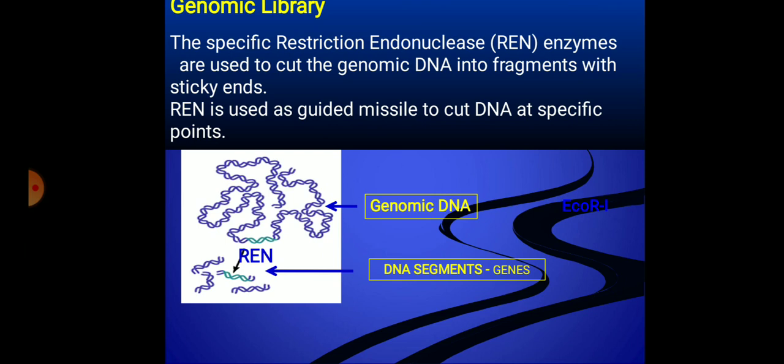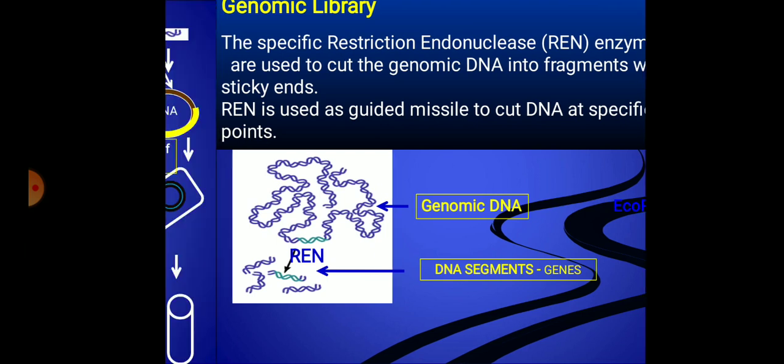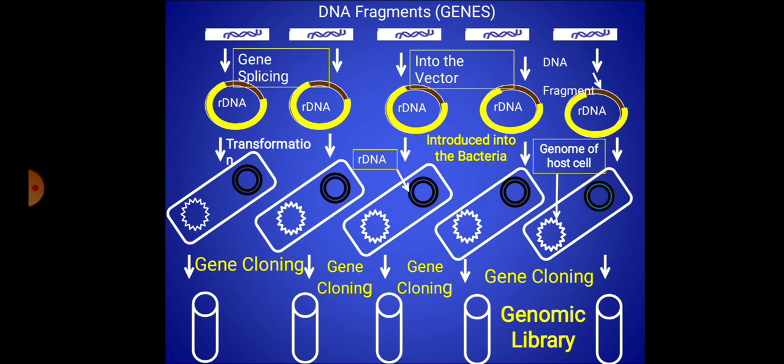Each DNA fragment is separated and inserted separately into each vector DNA. Vector DNA is the plasmid, which is circular double-stranded DNA present in the cytoplasm of bacteria.